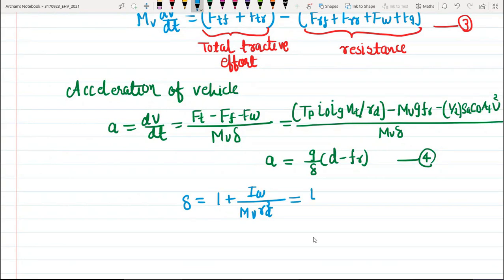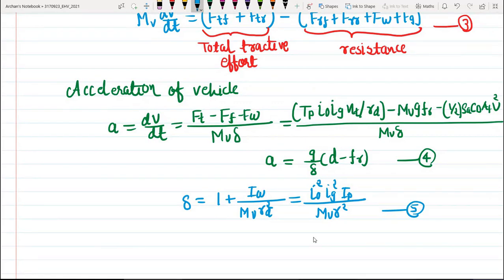Again we are taking the direct equation. We are not interested in deriving this equation or knowing how this equation is there. This is the concern of automobile engineers. So we will be directly using this relationship of delta.